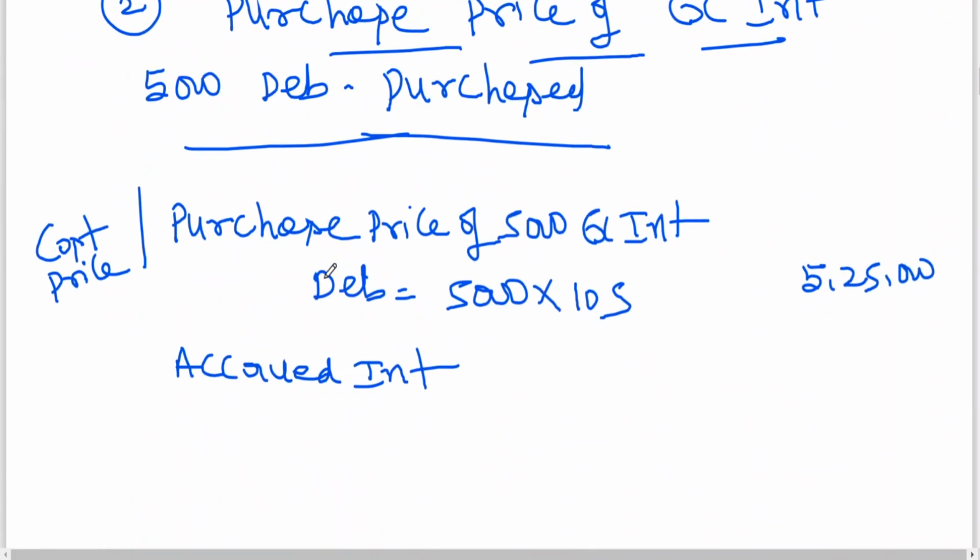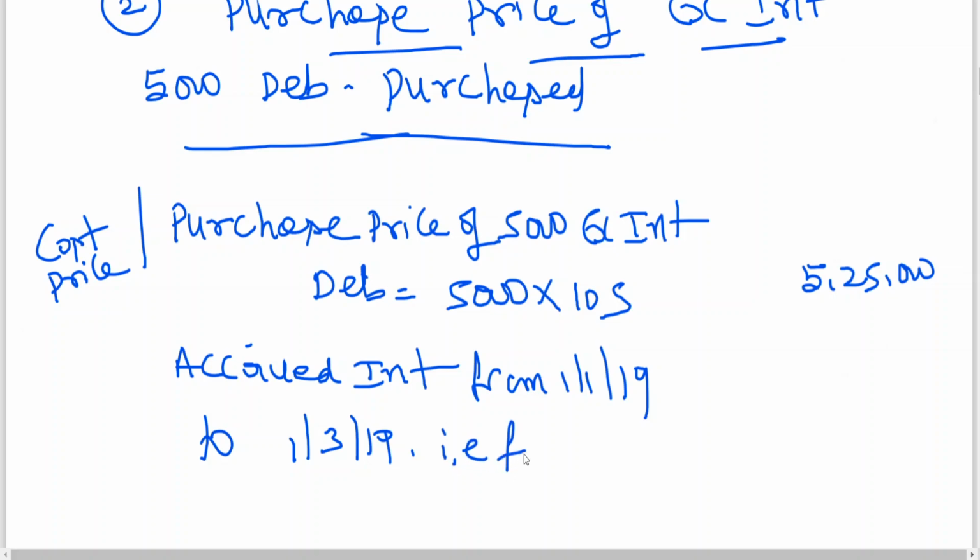So here we are writing accrued interest from 1st January 19 to 1st March 19. What is the face value?